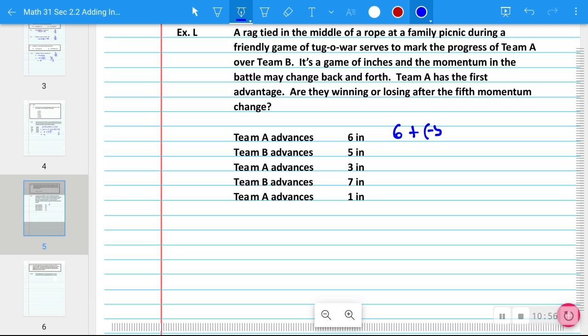Some of the territory is recovered by Team B. Then another advance by Team A. And then Team B takes over for a bit. And finally, it ends up with a 1-inch gain by Team A again. Once again, I like to put my positives up front, and then my negatives at the back.